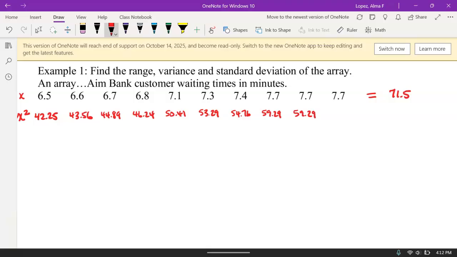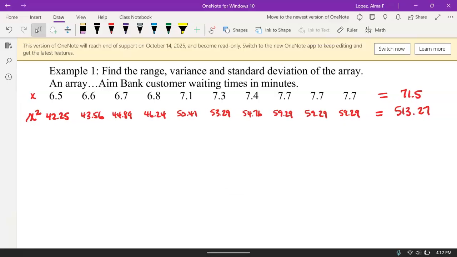And once you get them all squared, and again, pause the video if you need to, you'll total them. The total of our squared column would be 513.27.